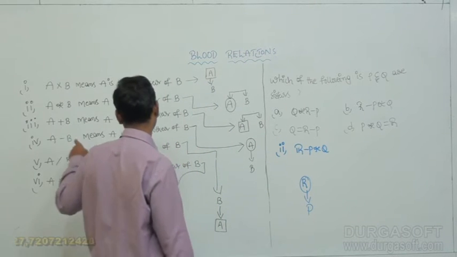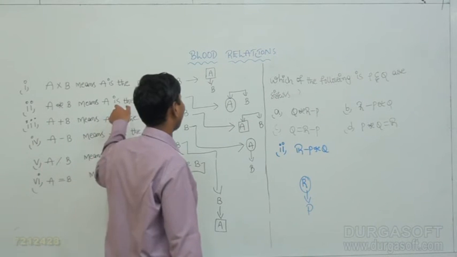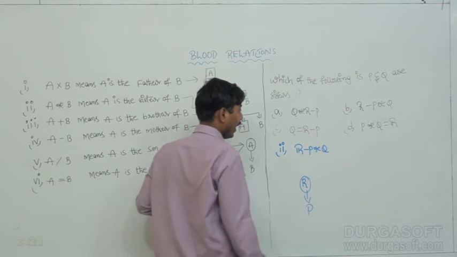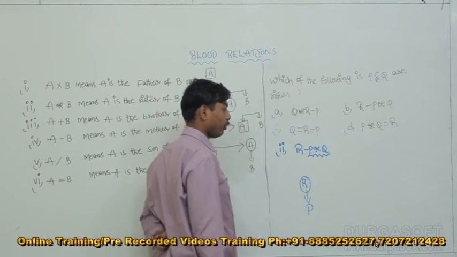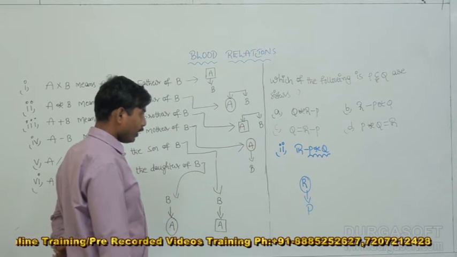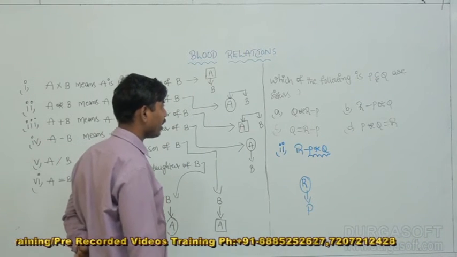Alright, let us start with the next one. A star B means A is the sister of B. We are putting attention on P star Q here.